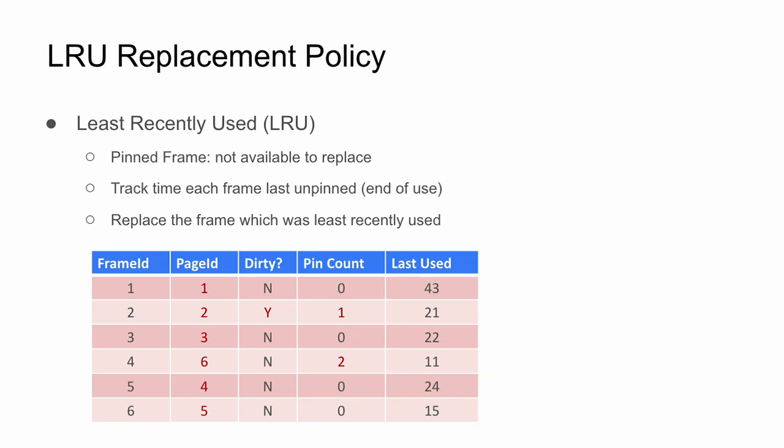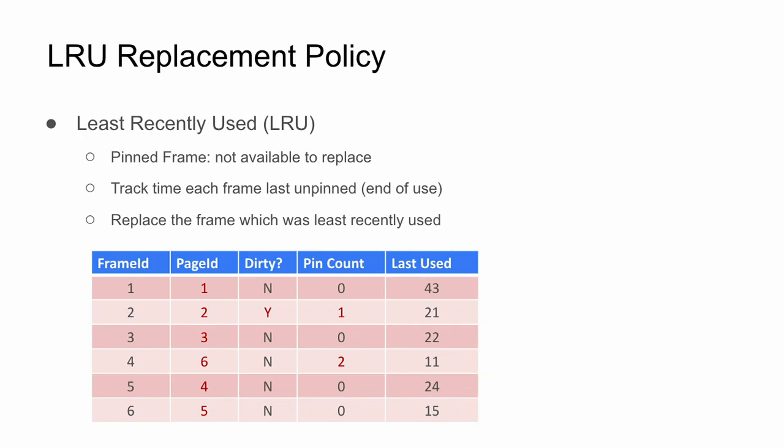Least recently used, it's right there in the name, you're correct. Basically, if the buffer manager is full, if all the frames are taken, we're going to kick out the frame that has a page that was least recently used. So you can see these timestamps here. 43, 21, 22, 11, 24, 15.